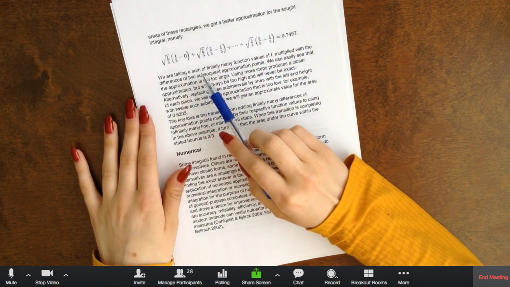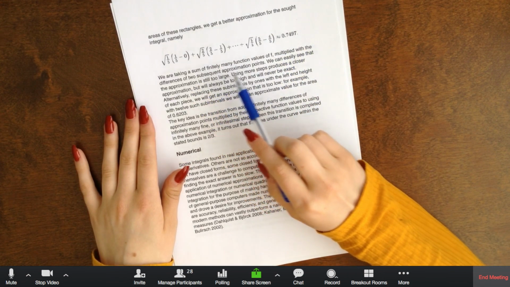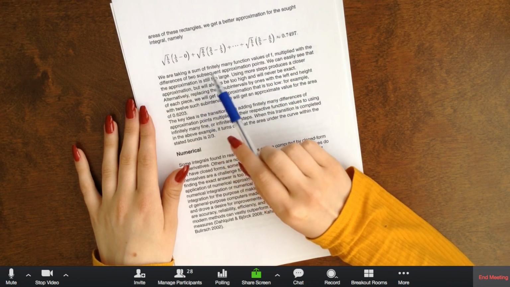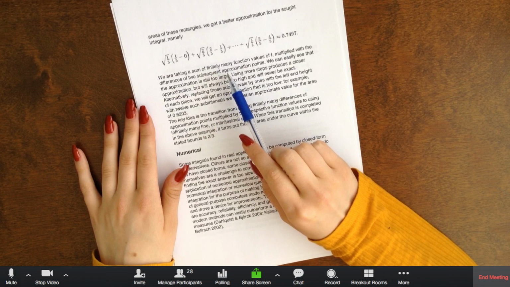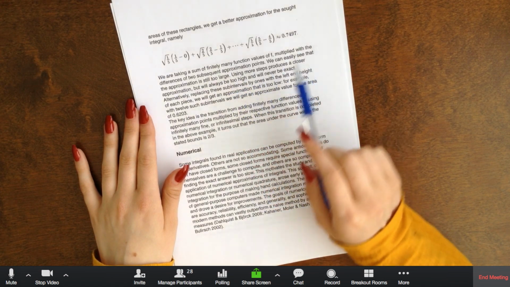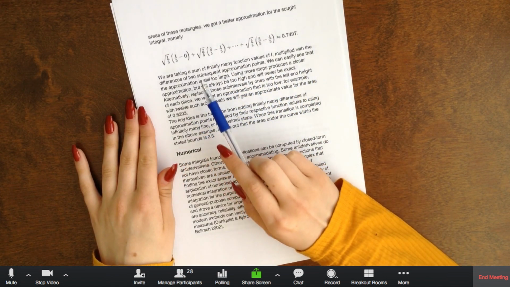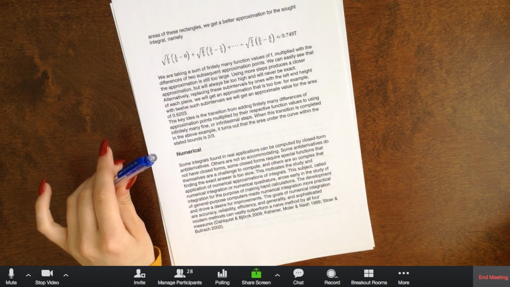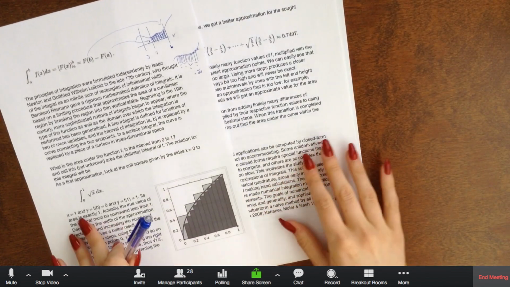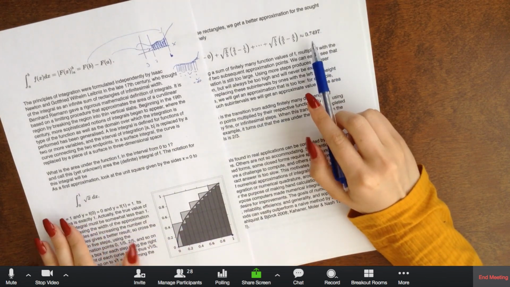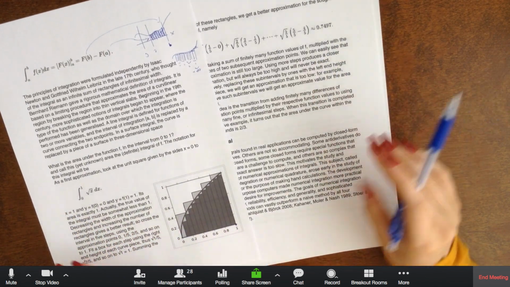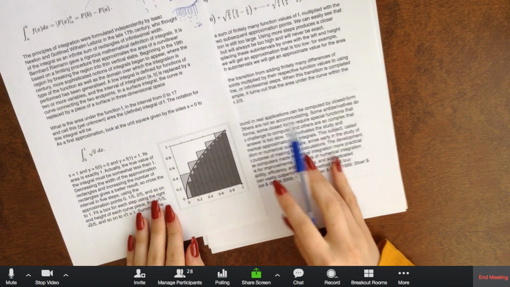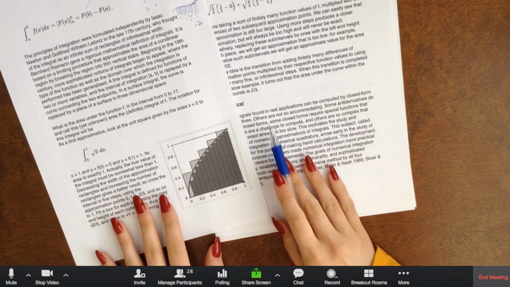We are taking a sum of finitely many function values of f multiplied with the differences of two subsequent approximation points. We can easily see that the approximation is still too large. So just bringing back this image right here. If we round this to 0.75, we can tell that this area is still smaller than that.